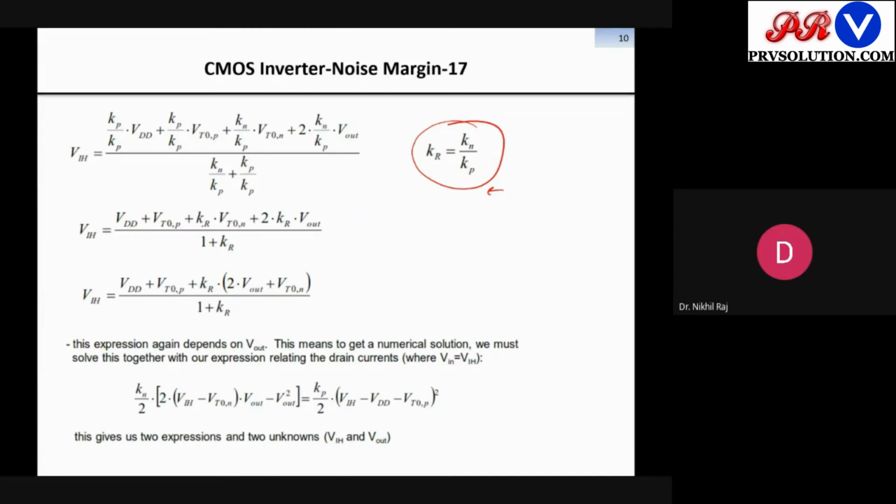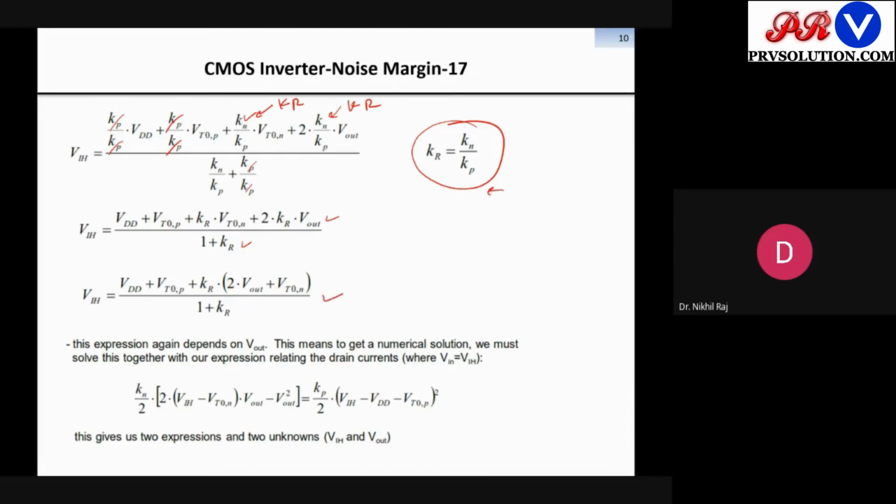So VDD plus Vt naught, this will cancel out, this ratio will turn out into Kr, this ratio will turn out into Kr, and you will get this numerator, whereas in the denominator this will cancel out to 1 plus Kr. So VIH you got totally in this form.